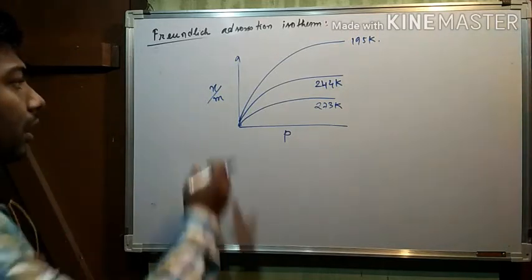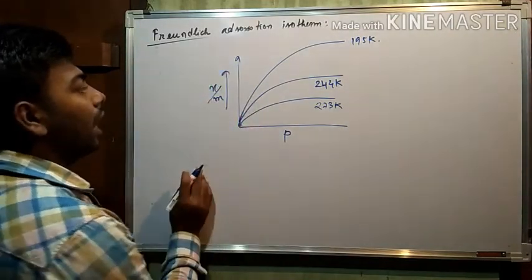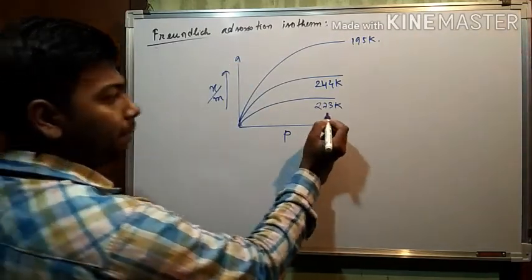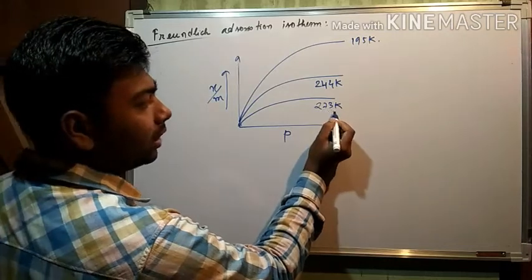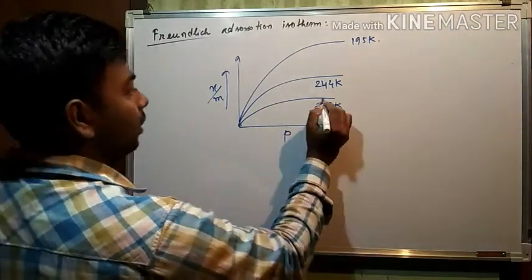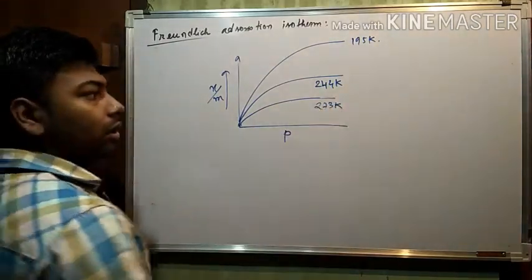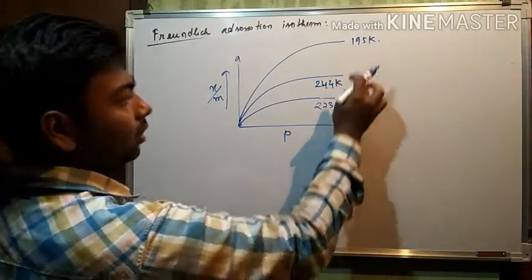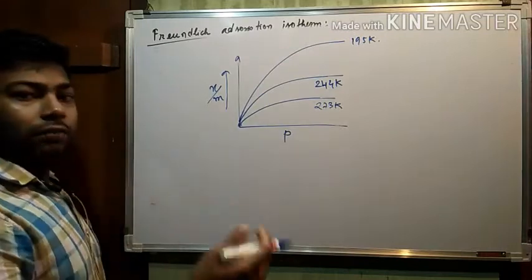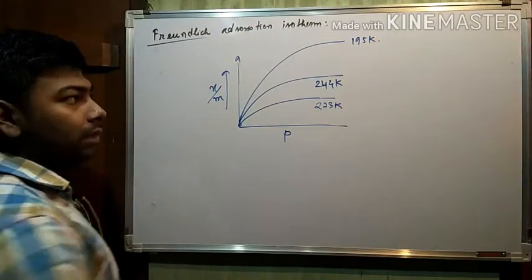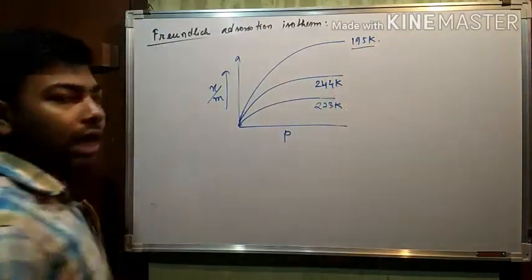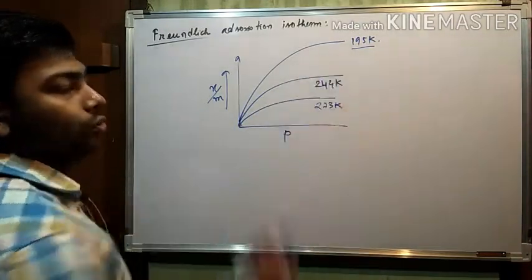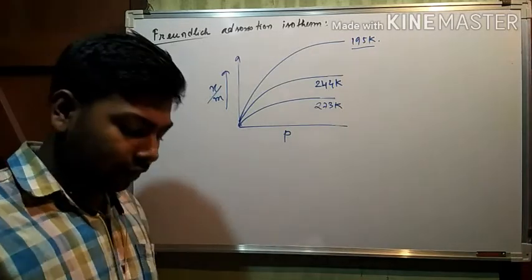Here pressure is increasing and adsorption is increasing. But at 273 Kelvin, the adsorption is this much. At 244 Kelvin, the adsorption is a little bit higher than this one. And if we decrease the temperature further to 195 Kelvin, the adsorption is higher than the previous two.